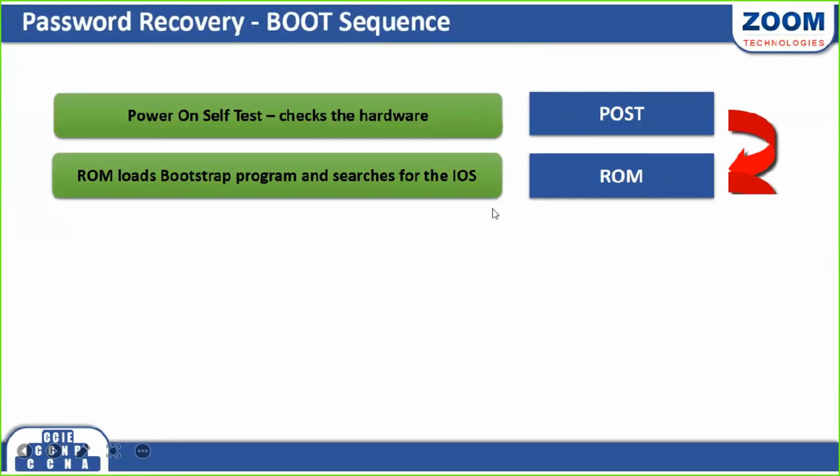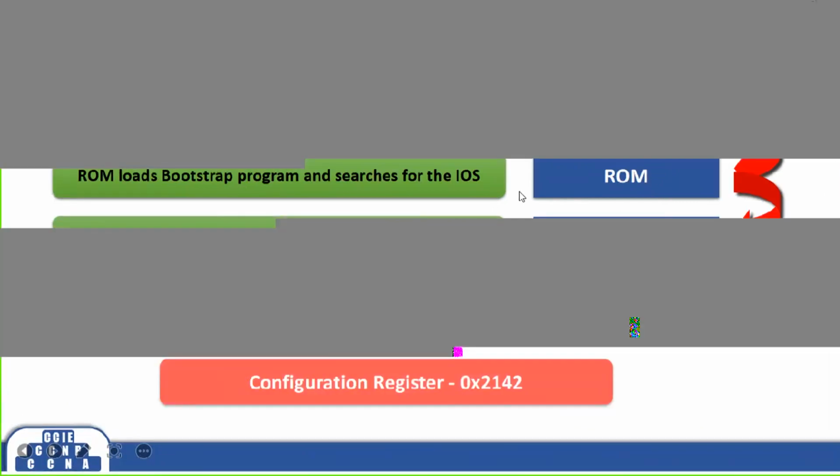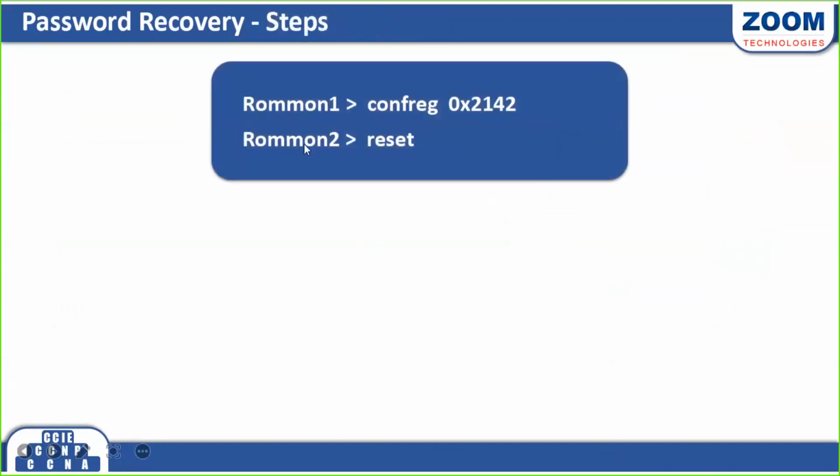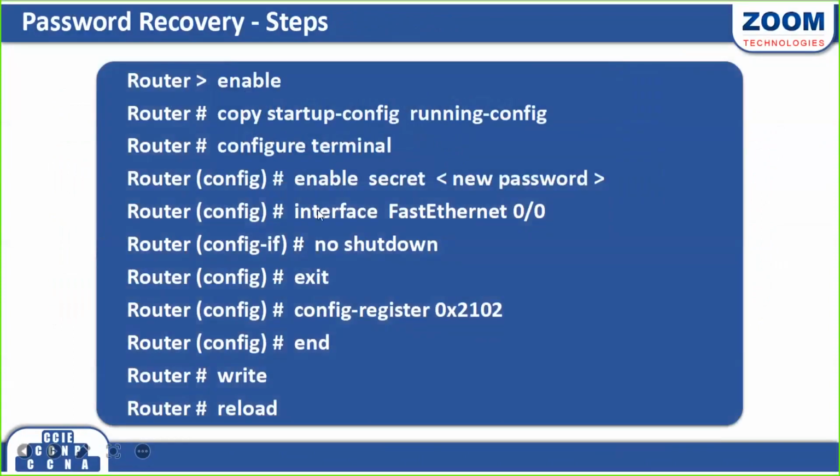In this boot sequence we have to change the configuration register value. You already know it; we discussed the internal components of this router and the boot sequence. Then we follow this step. For normal mode, we have to change the configuration register value to 0x2102. Then next step, we do the reset command and follow this step.